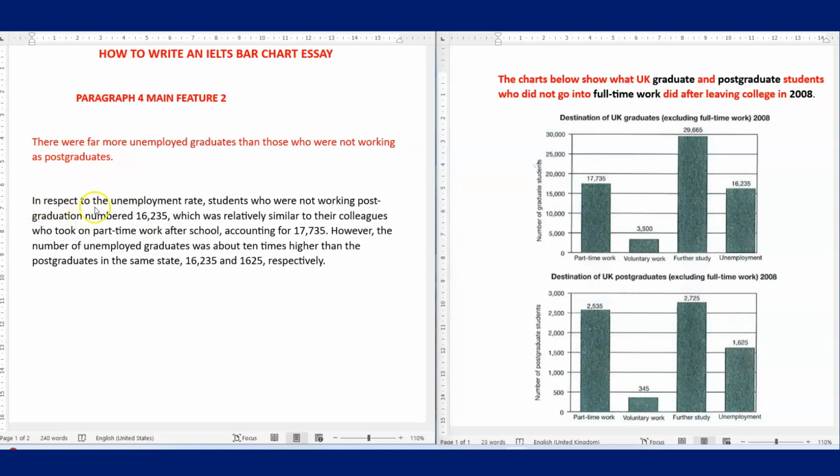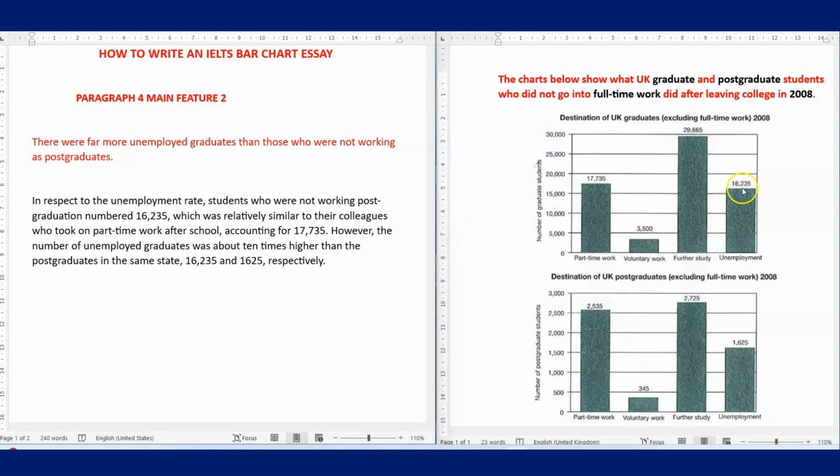So, in respect to the unemployment rate, students who were not working post graduation, so that is after graduation, numbered 16,235, which was relatively similar to their colleagues who took on part-time work after school.